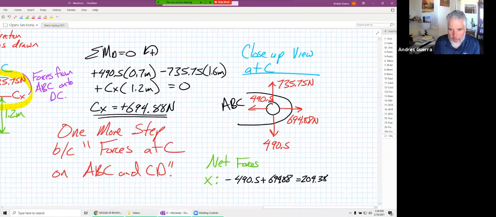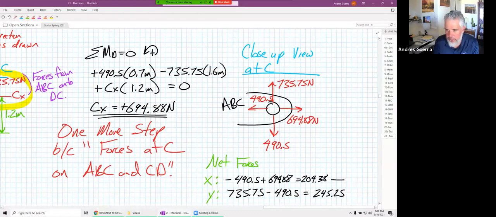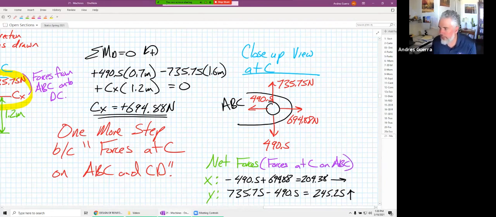In the Y direction, we have 735.75 minus 490.5, and we get a value here of 245.25. In the X direction, then, we have a force going this way, and in the Y direction, we have a force going up. So these are the forces at C on ABC when we look at those net forces on there.